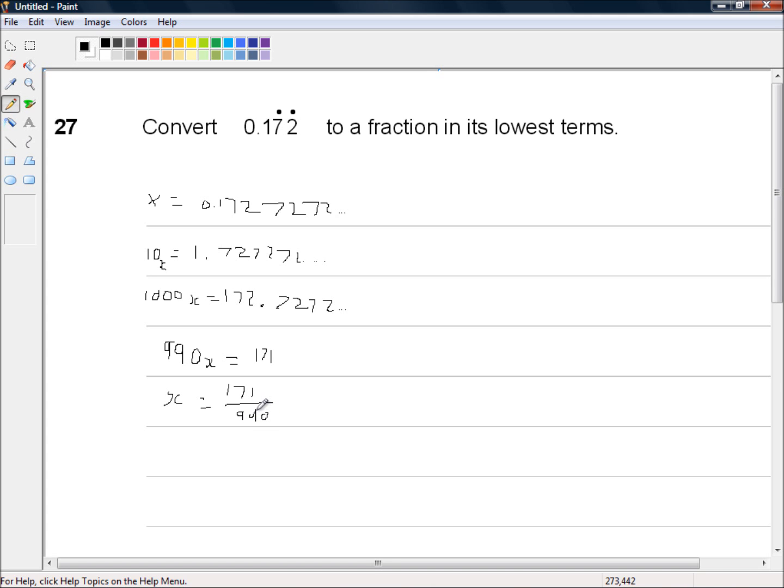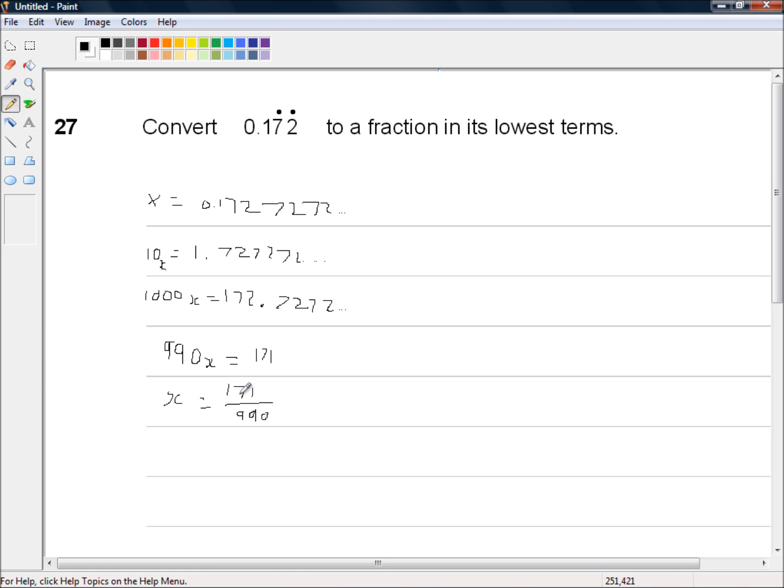So now all we need to do is work out what that is in its lowest terms. Obviously we can't divide top and bottom by 2 because 171 is an odd number. So the question is, will it divide by something odd, like for example 3? 990 will obviously divide by 3. So will 171 divide by 3?